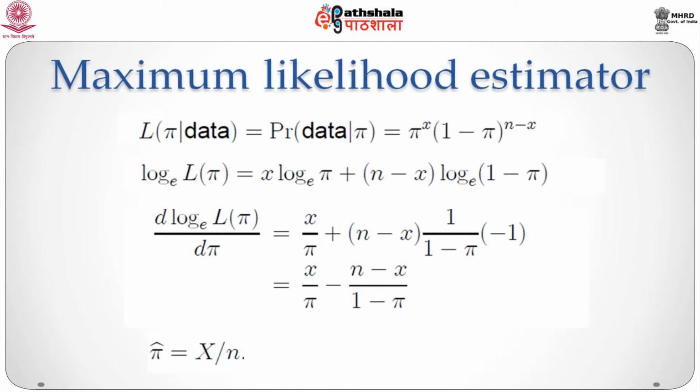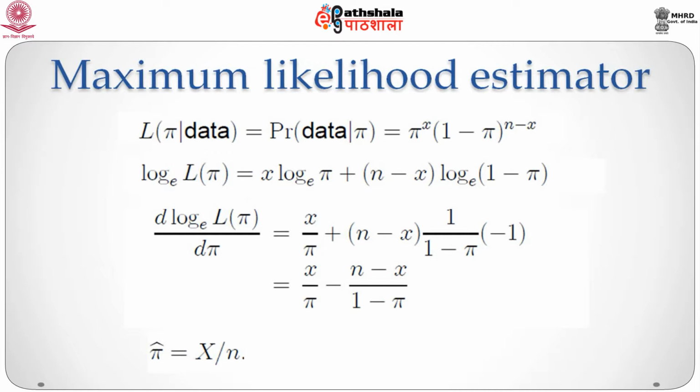The log likelihood function is given by log L of pi equal to x log pi plus n minus x times log of 1 minus pi. The score function is given by d log L of pi by d pi equal to x over pi plus n minus x into 1 over 1 minus pi into minus 1, equal to x over pi minus n minus x over 1 minus pi, and setting this equal to 0 we get pi hat equal to x over n.